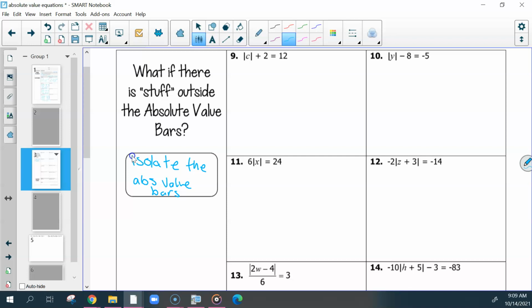So for number 9, now we have something outside of the absolute value bars. So we're going to pretend that the absolute value bars and whatever's inside is like a variable that we solve for. We leave it alone until the end. So if this was like just C, I would subtract 2 to the other side.